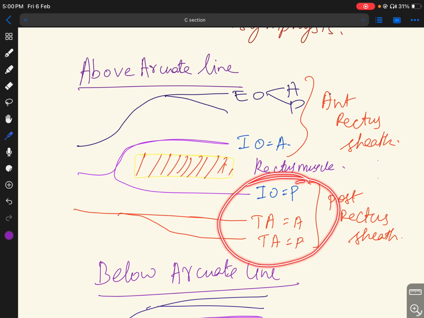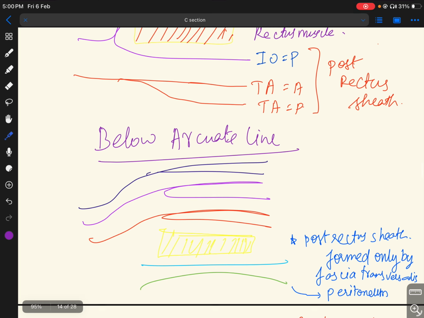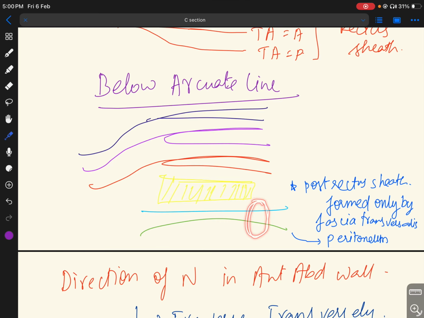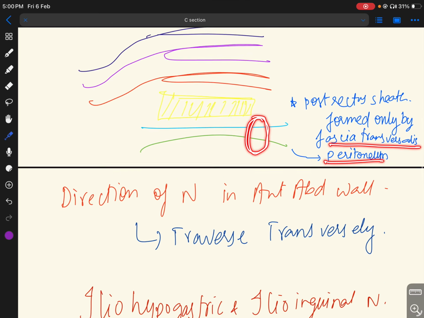All this will be forming the posterior rectus sheath. Below the arcuate line, the muscles internal oblique, external oblique, and transversus abdominis lie above the rectus muscle, whereas the posterior rectus sheath is formed only by the fascia transversalis and peritoneum.